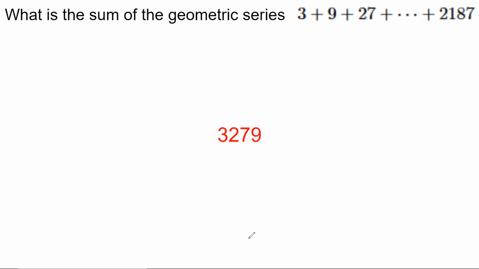So if you recall, our formula for the sum of a finite geometric series is a times r to the n minus 1 divided by r minus 1. So we can tell that a is equal to 3 because our first term here is obviously 3.